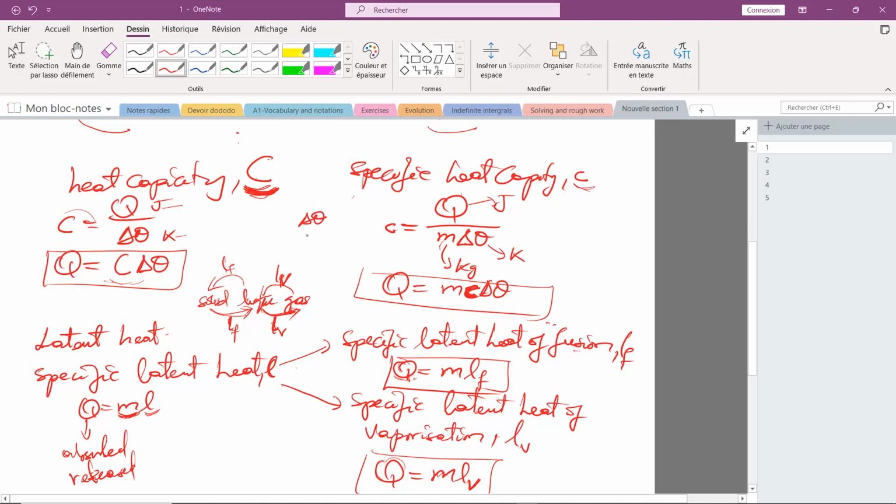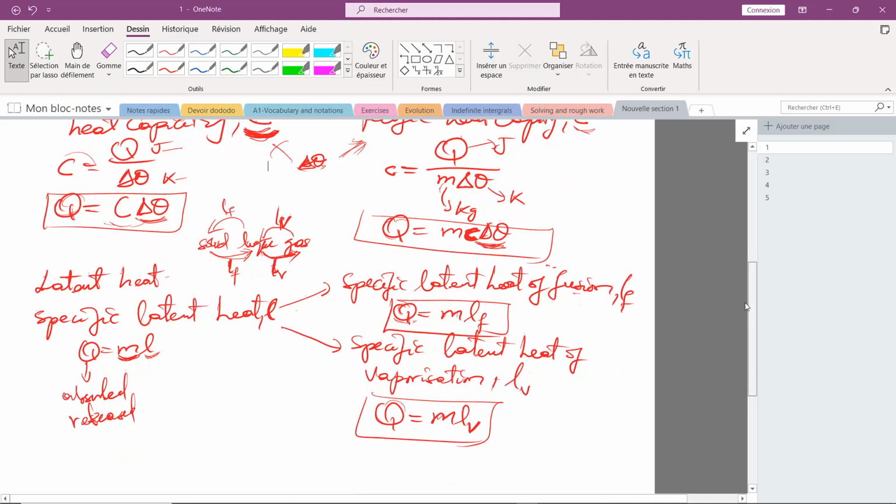When there is no change in temperature, we cannot talk of this, because look at their formulas. What do we have? There is a change in temperature. The heat transferred here is a function of temperature. So whenever there is a change in temperature, we shall talk of either specific heat capacity or heat capacity.